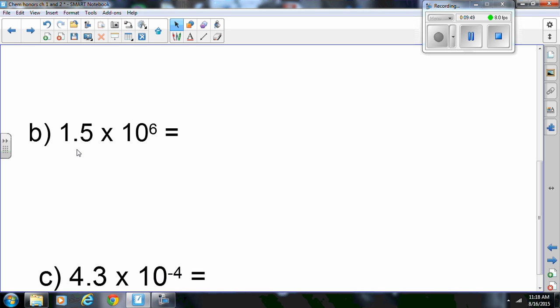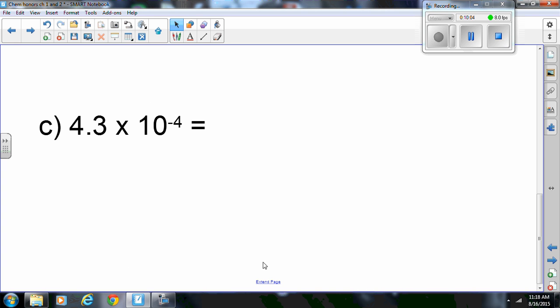This one, 1.5, so you start that decimal, and you move it 6 places to the right, so it becomes 1,500,000. And then our last one, you see you have a negative number, so you will now move it to the left to take it out of scientific notation. So that's 1, 2, 3, 4, and your number is 0.00043.